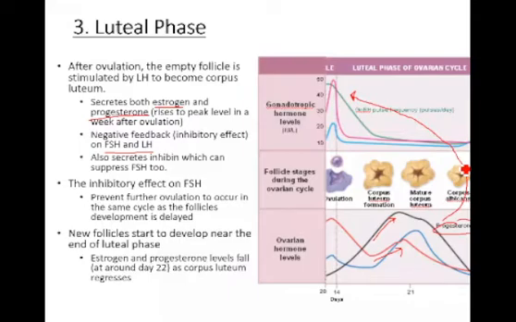Secondly, we find that the corpus luteum also secretes inhibin, another protein that can suppress the FSH as well. So we don't want the FSH to work now, because there is nothing to be stimulated to grow. So this prevents further ovulation in the same cycle.